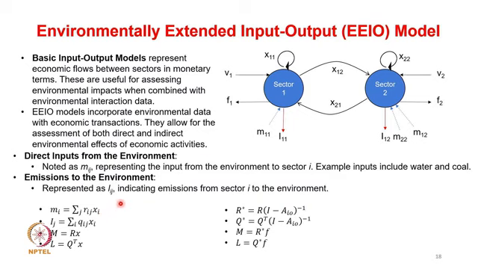So we may be able to do again the linear combination based analysis like last time. M_i is equal to sigma over j of r_ij x_j, E_ij is equal to q_ij times x_j, M is equal to R times x, E is equal to Q times x, and we can again compute R star in terms of the Leontief inverse, R times (I minus A) inverse.